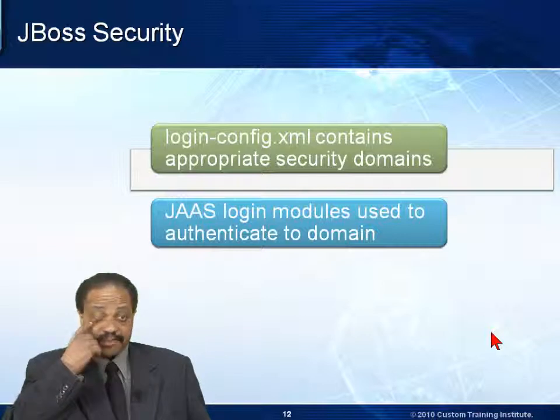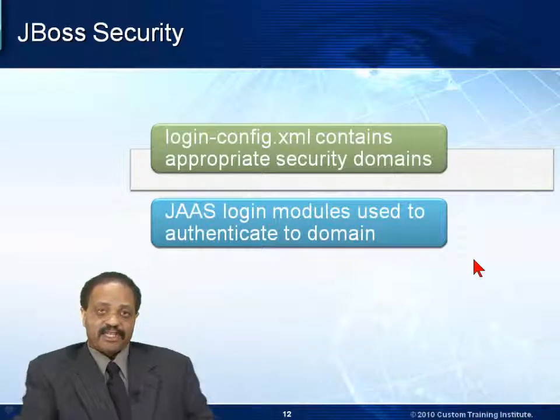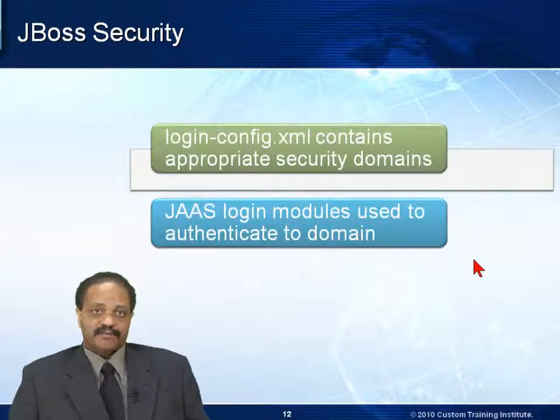Once the user gets put into a security domain, we can then use Java Authentication and Authorization Service, or JAAS, to be authenticated and placed into a particular security domain. And JBoss works with the Java Authentication and Authorization Service to be placed into the appropriate area.